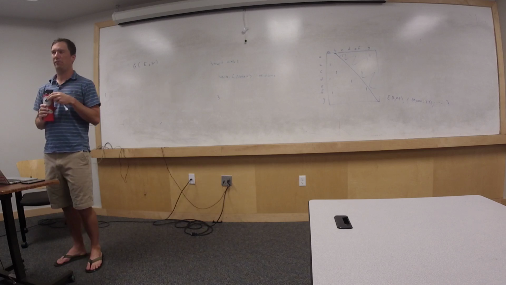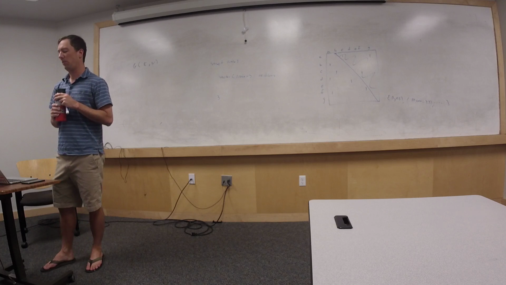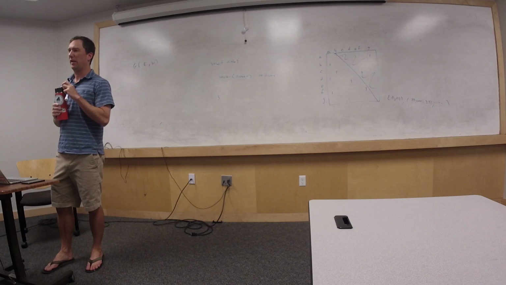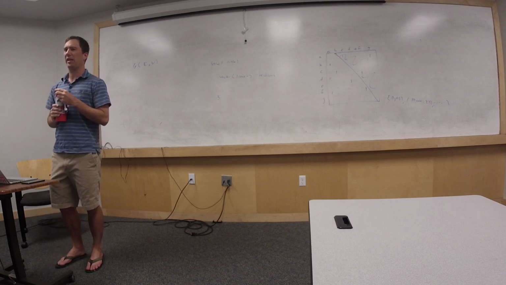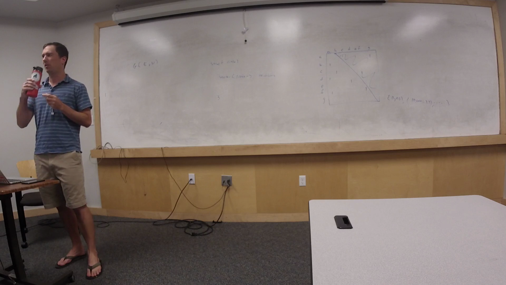Because these are all analyses we might want to do. So the first one we'll talk about is called connected components. So based on the name, you can probably guess what connected components are. I want to take a stab.